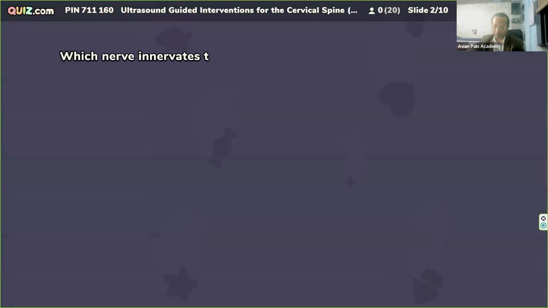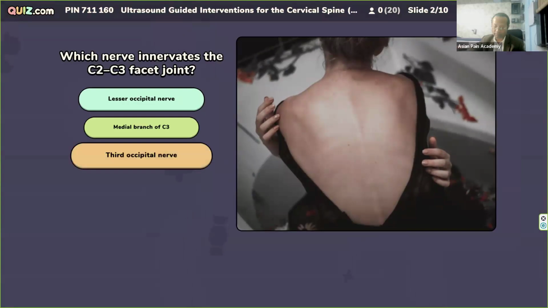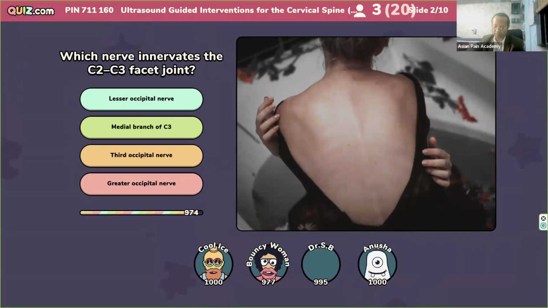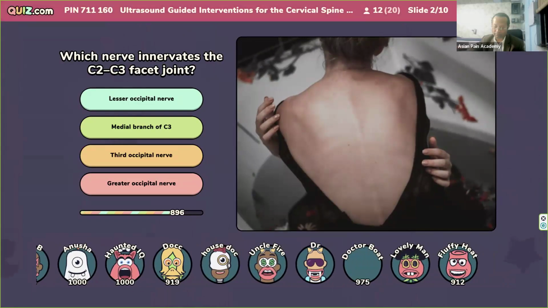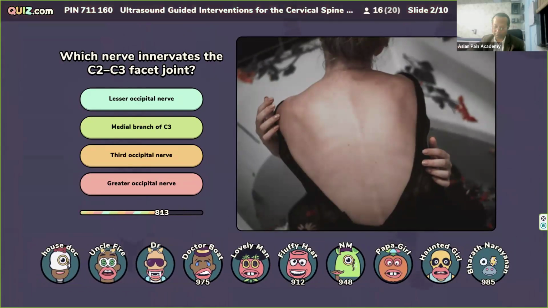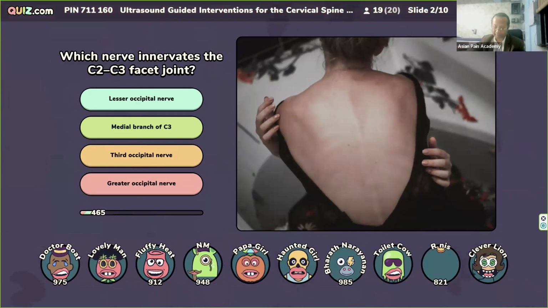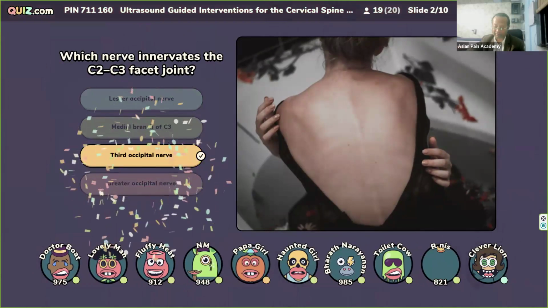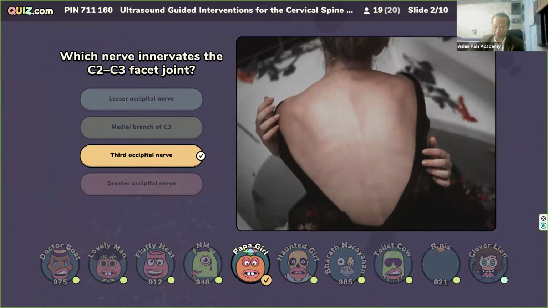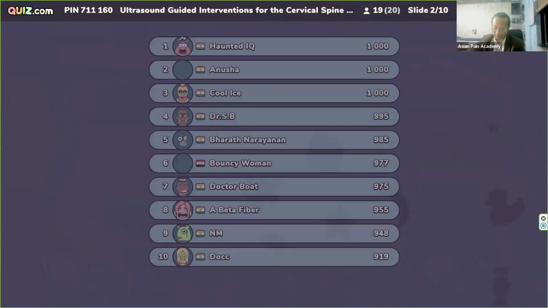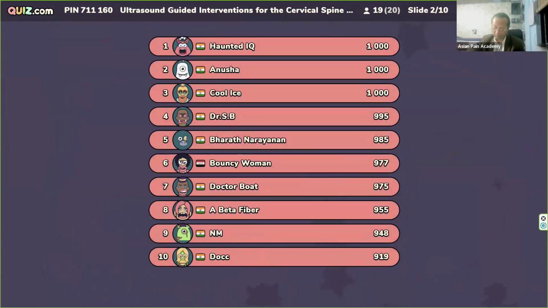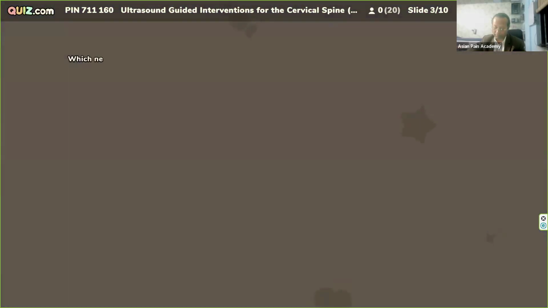Which nerve innervates the C2-C3 facet joint? Third occipital nerve. Which nerve originates from the medial branch of the posterior root of C2?